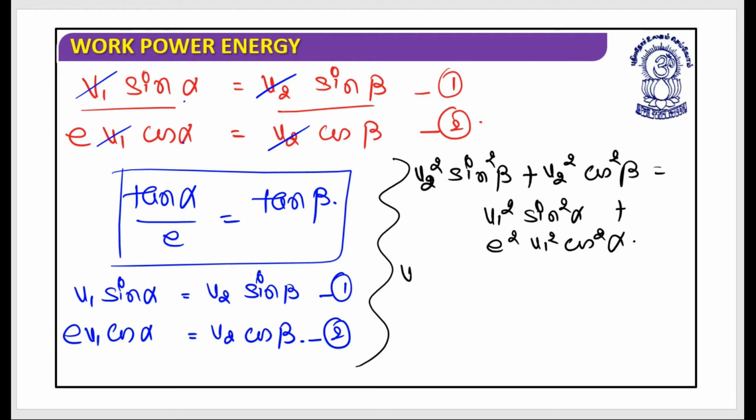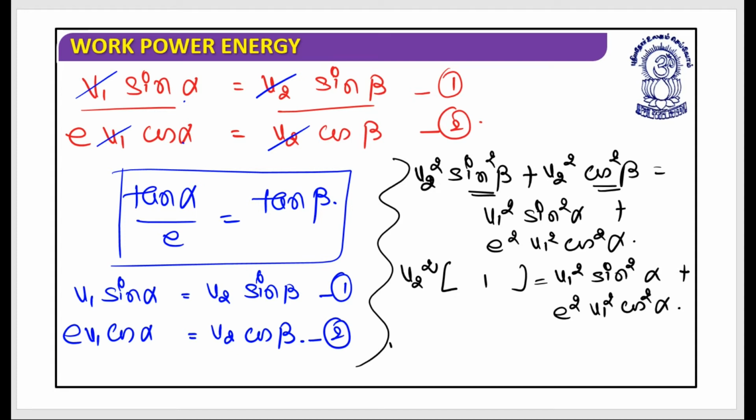If v2 square is taken as common, the remaining stuff would be sin square beta plus cos square beta, which is equal to 1.